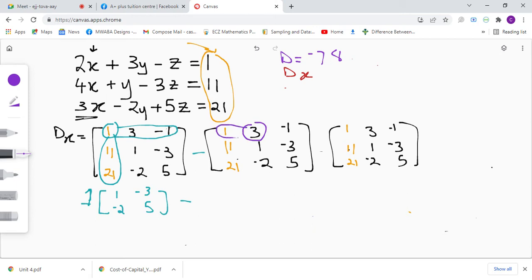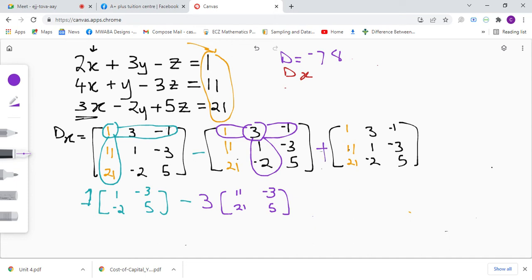We circle our 3 there. All right, so we're going to have 3, and then we're going to make a matrix of 11, 21, -3, and 5. So it's 11, 21, -3, 5.